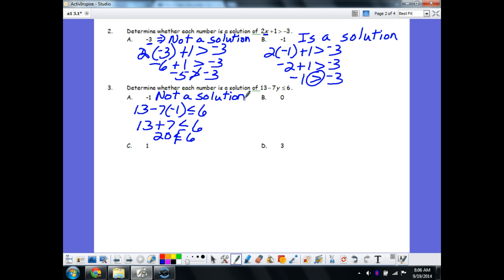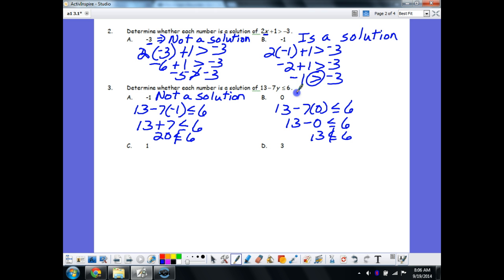And we do the same thing for 0. Is 13 minus 7 times 0 less than or equal to 6? Is 13, 7 times 0 is 0. Is 13 less than or equal to 6? It is not.